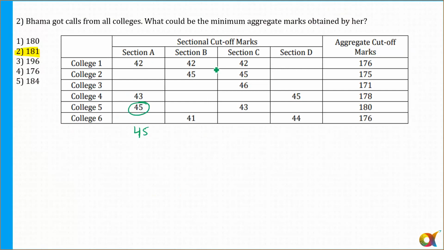That is again 45. So in section B also he should get 45. In section C, what is the minimum marks which Bhama should score? That is 46. If he gets 46, he will be able to clear the sectional cutoff of all of them. But below 46, it means college 3 is not possible. For section D, minimum he needs to score 45.